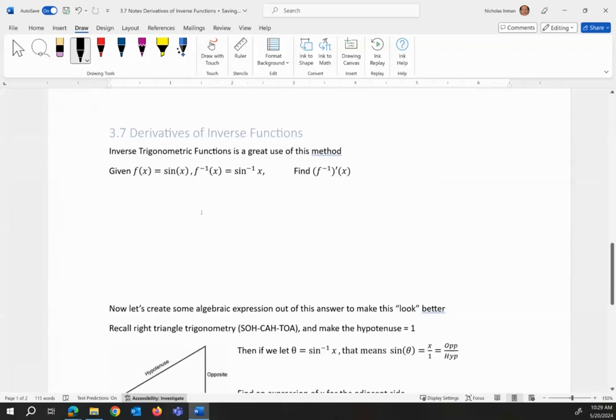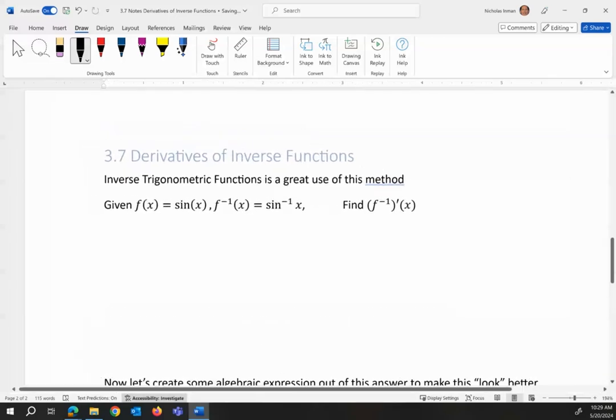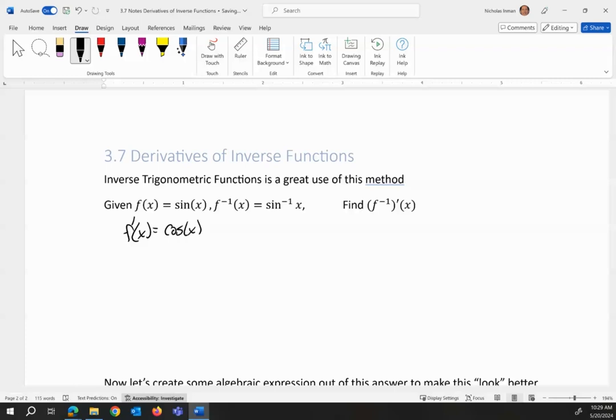Especially if we start to look at things like sine, and then sine inverse. Now, I know the derivative of sine. I can do that very quickly, very easily. But I have no idea what the derivative of sine inverse is.